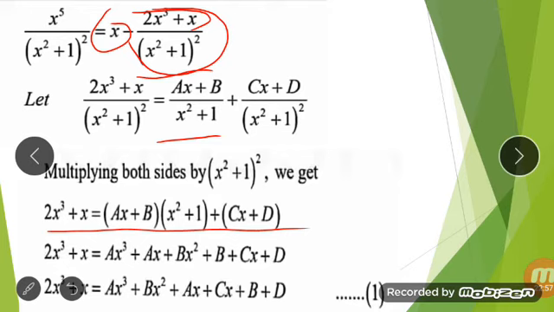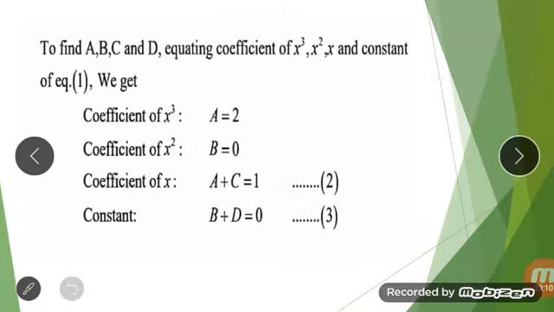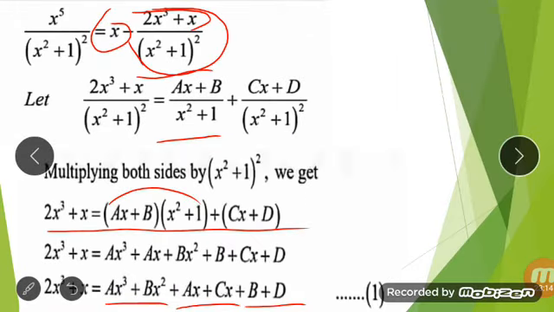By expansion, both brackets should be multiplied, and then it is arranged as x^3, x^2, x, then the constant term. We cannot put a value of x, so we go with the equating coefficient method. We equate the coefficients of x^3, x^2, x, and the constant, because 4 values are unknown, so 4 equations are made here.